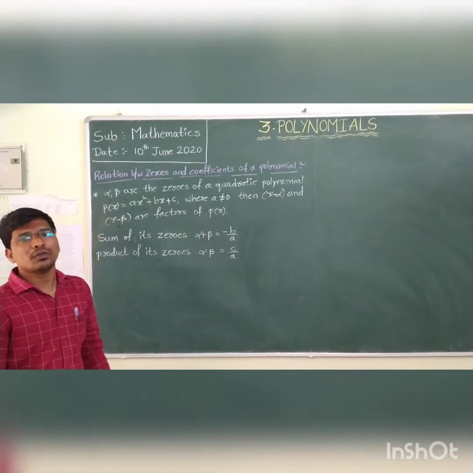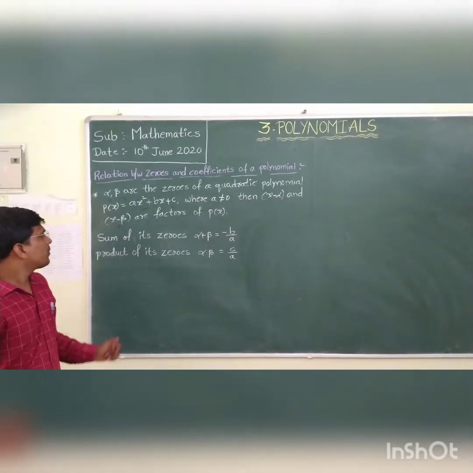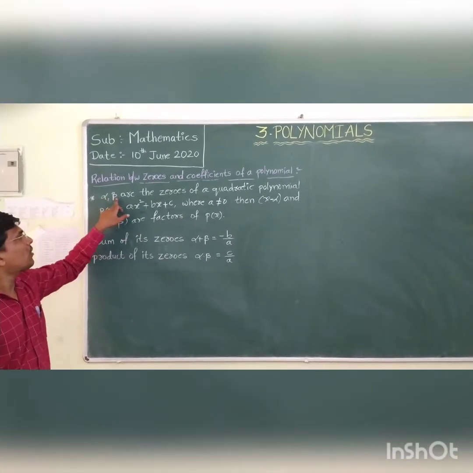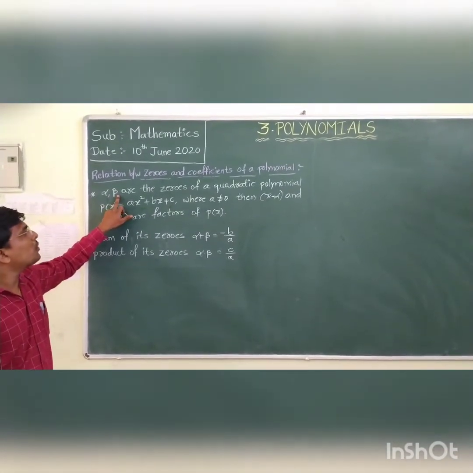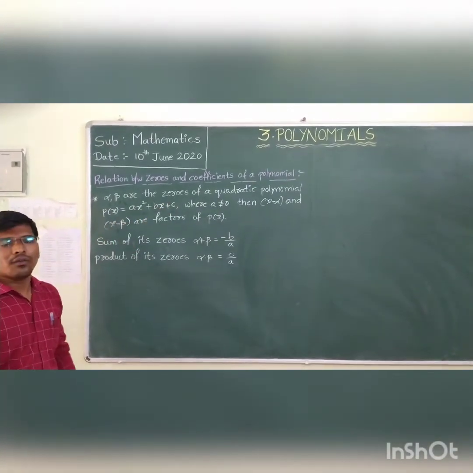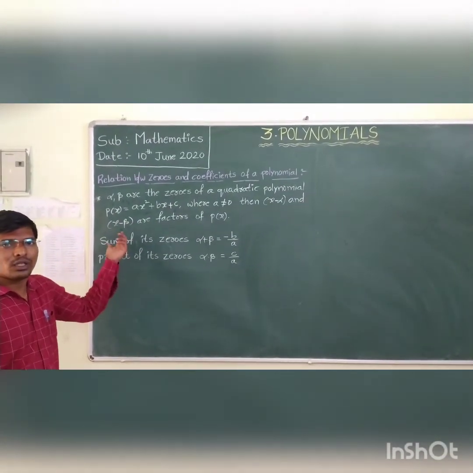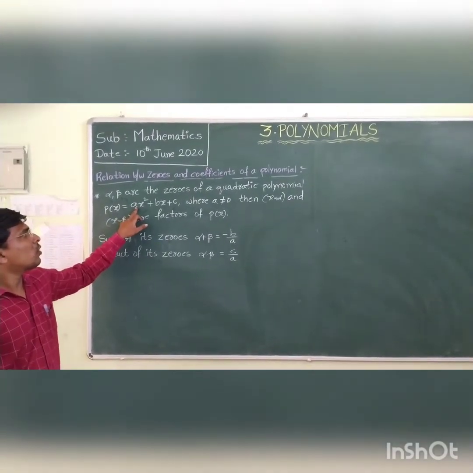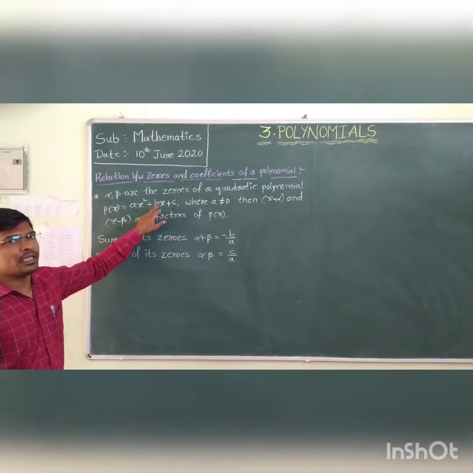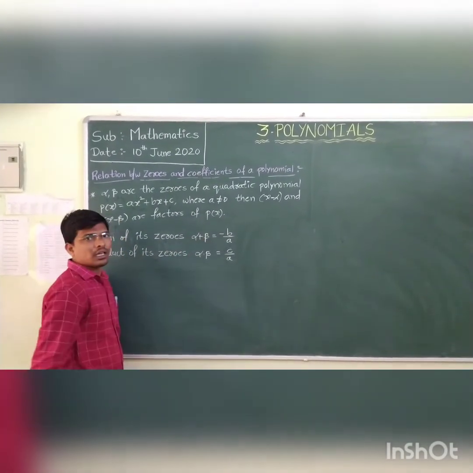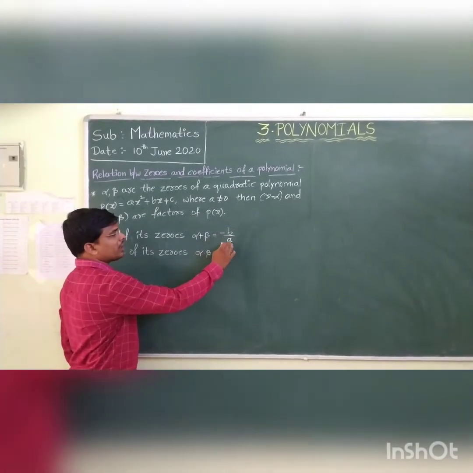So according to the factor theorem, we have a relation between the zeros, that is alpha and beta, and the coefficients of a polynomial, that is a, b, c. We have one relation among the sum of zeros and product of the zeros, with the coefficients a, b, c. Sum of its zeros is alpha plus beta, which is equal to minus b by a.